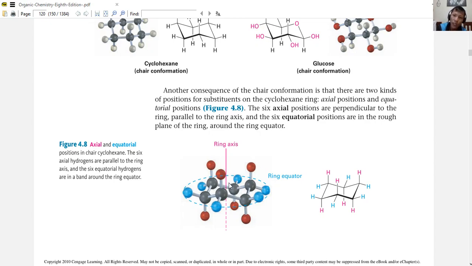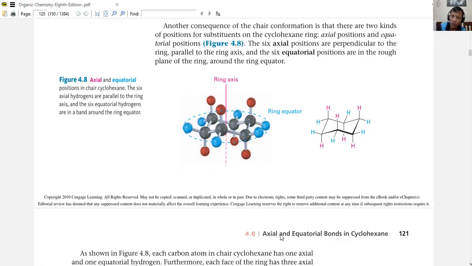When they are drawn in a two-dimensional fashion, it looks like this: three of which are drawn on the top and three of which are drawn down. And then the equatorial positions are drawn from left to right, while the other two are slanted down. So we have to at least be familiarized with it, because that's how they talk about anything that happens to these kinds of molecules.